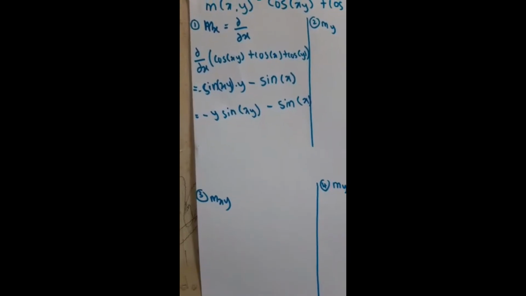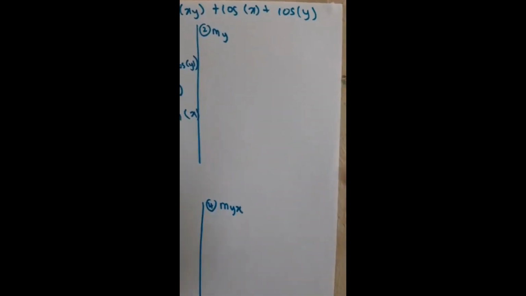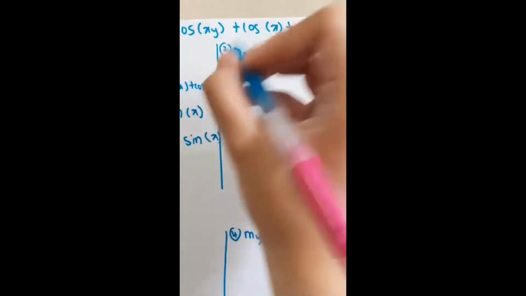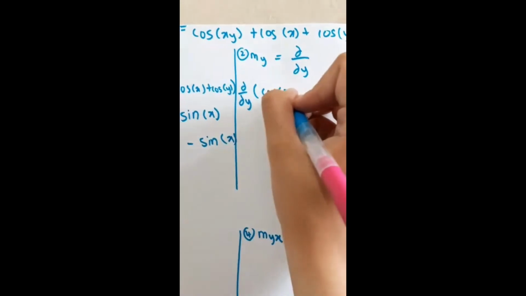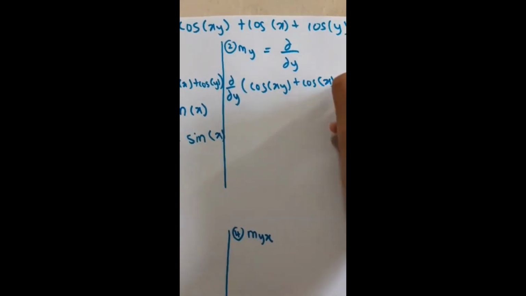Now we move on to number 2. The same method as number 1, the formula is del over del y. So del over del y of cos xy plus cos x plus cos y.